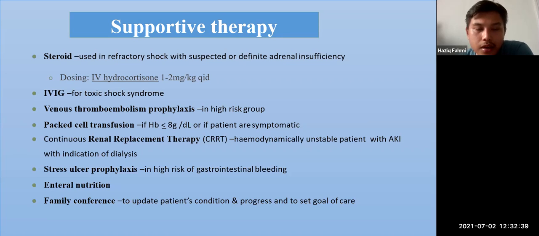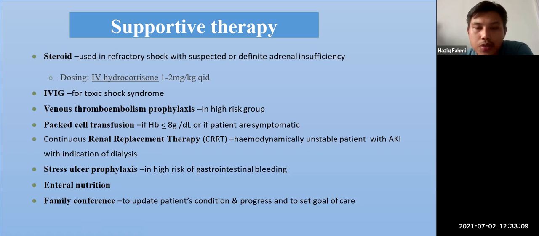And then we have intravenous immunoglobulins can be used in toxic shock syndrome, and then VTE prophylaxis in high risk group patient, and then PEG Rexel in the symptomatic anemia patient, and then continuous renal replacement therapy CRRT in the hemodynamically unstable patient with acute kidney injury with indications of dialysis, and then stress ulcer prophylaxis in the high risk of GI bleeding.